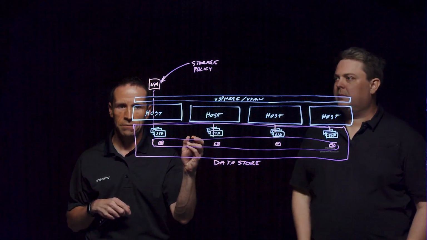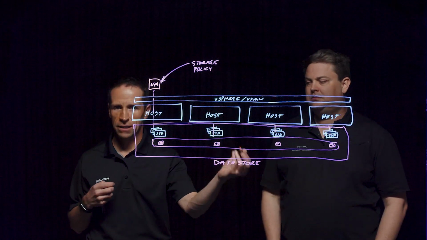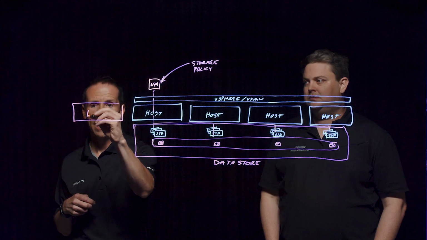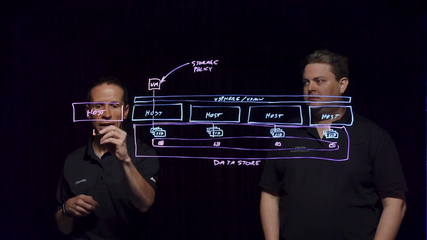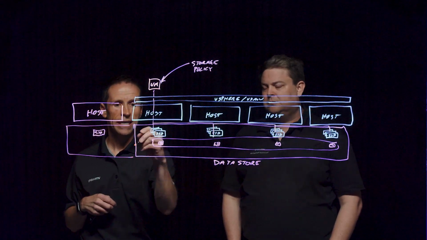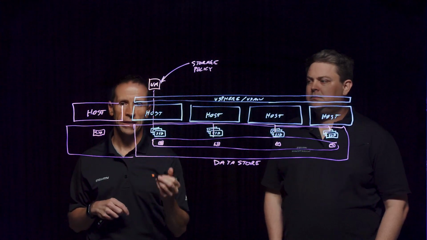But what is really unique about this is if you have the need to grow that data store in any sort of way. So in this case, we can add an additional host. And this is going to add the respective resources that we would have on this host so that the data store extends to include all of the hosts within the vSAN cluster.